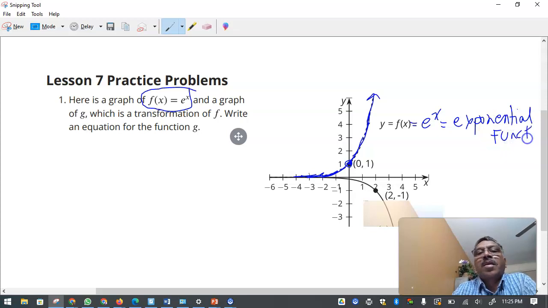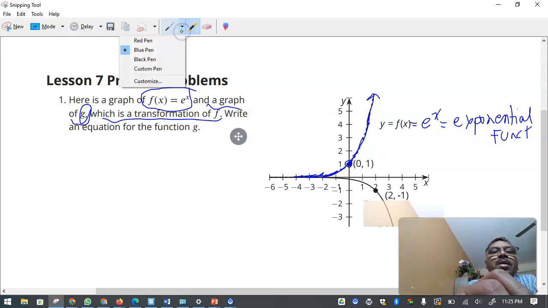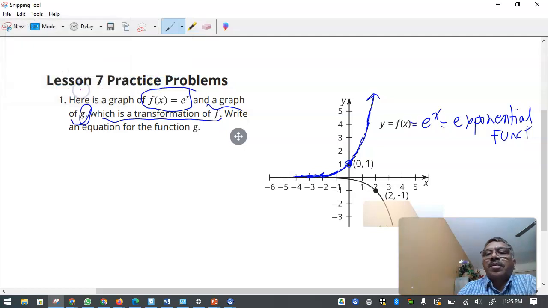And the question is, the other one is g, which is a transformation of f. Due to some transformation you get this graph. So what do you think must have taken place? How did it go to this point?